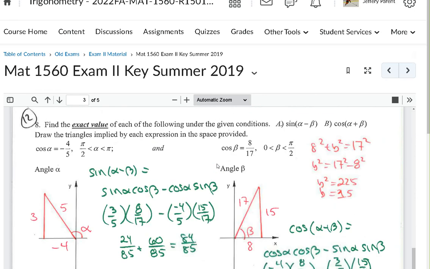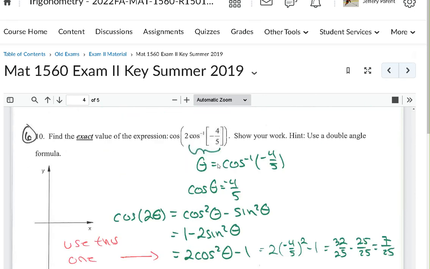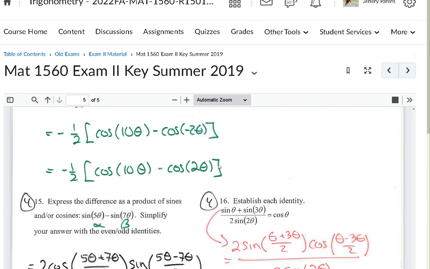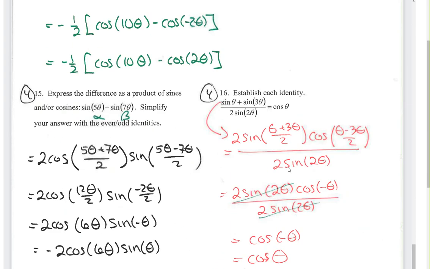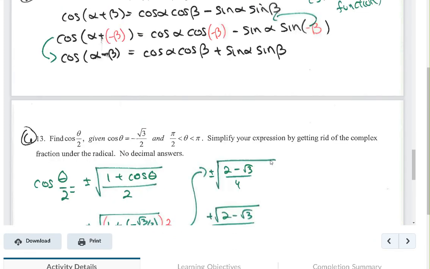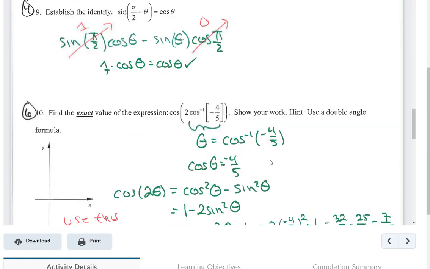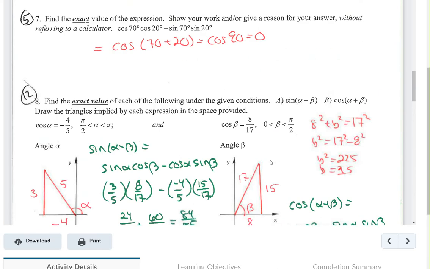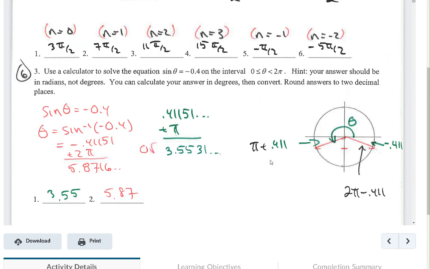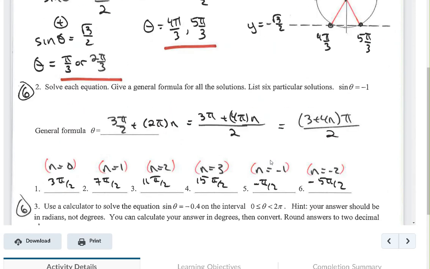That's probably giving you bad memories here. There's no Heron's formula on this one. There should be. Establish identity, exact angle. No, I'm not seeing Heron's formula on this one.